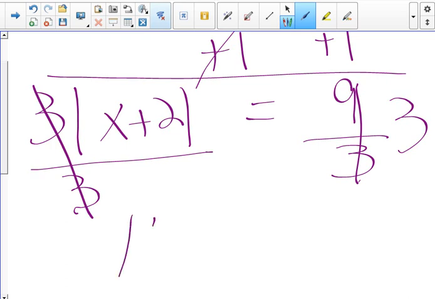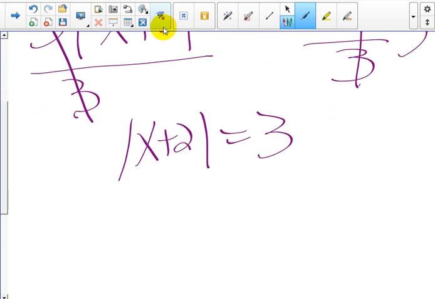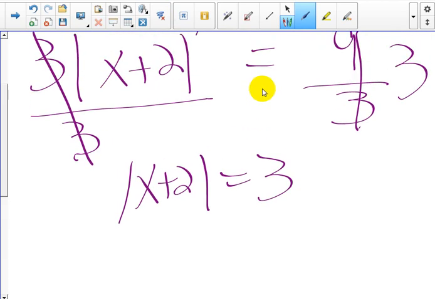So we're left with the absolute value of x plus 2 equal 3. Now we can solve it. So your first step is to always isolate the absolute value part of the equation on the left side.